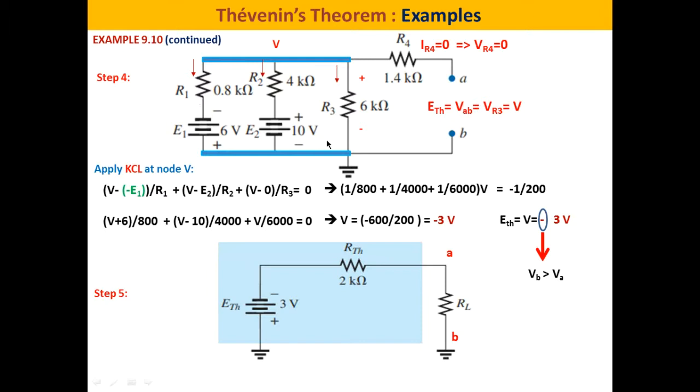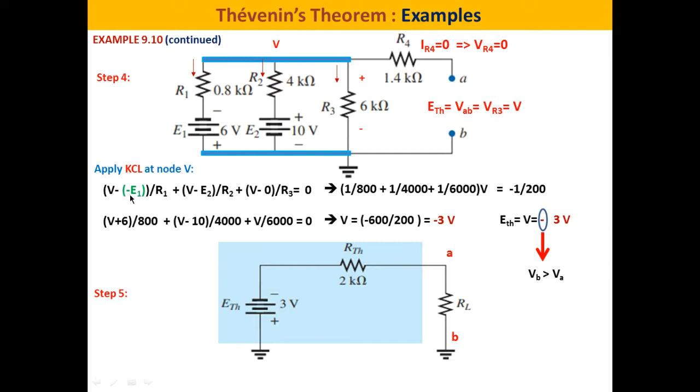Here we don't have current source. So here, the current in branch R1 is V minus E1. Why minus? Because here at this point, we have the negative polarity of E1.